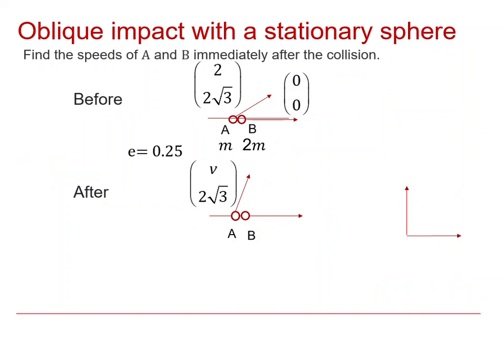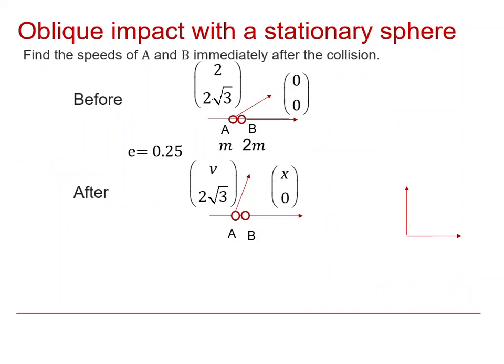Now we agreed that the y component for the A velocity is unchanged, and the B velocity shows that it moves off to the right, so there's no y component. Now armed with that, we can then apply momentum, and we've applied momentum perpendicular to the line of centres already. That's how we got that B moved off to the right and that A's y component is unchanged.